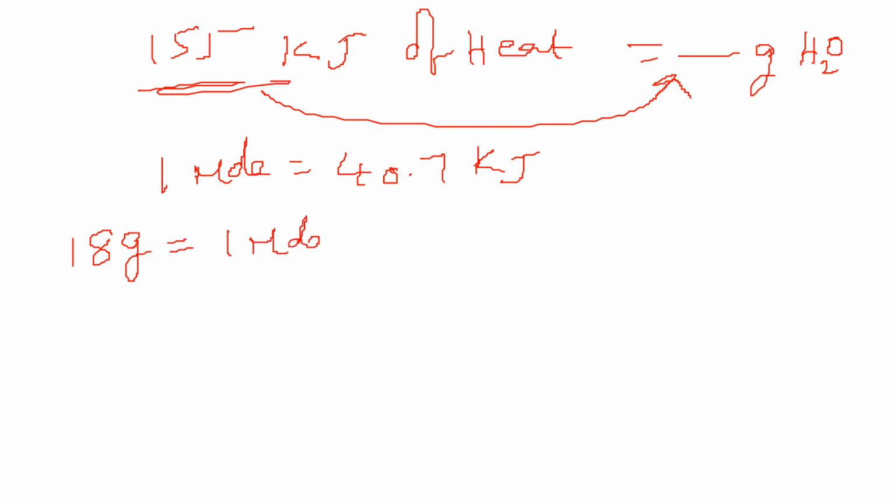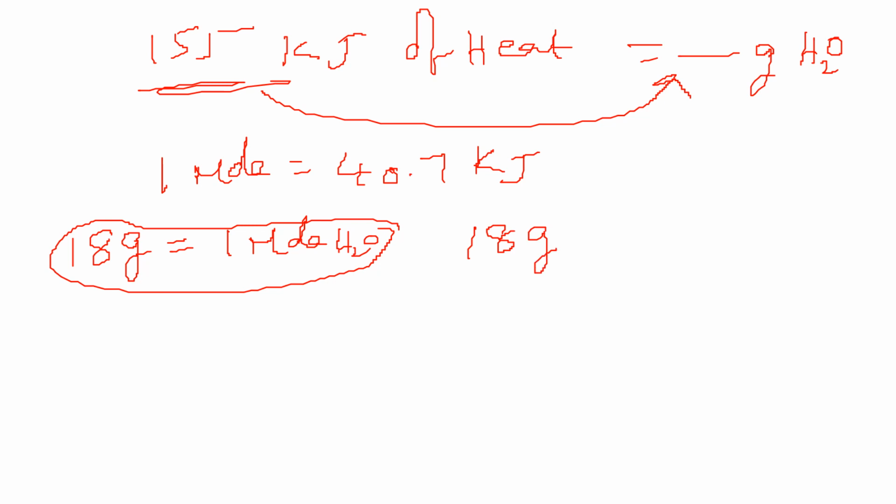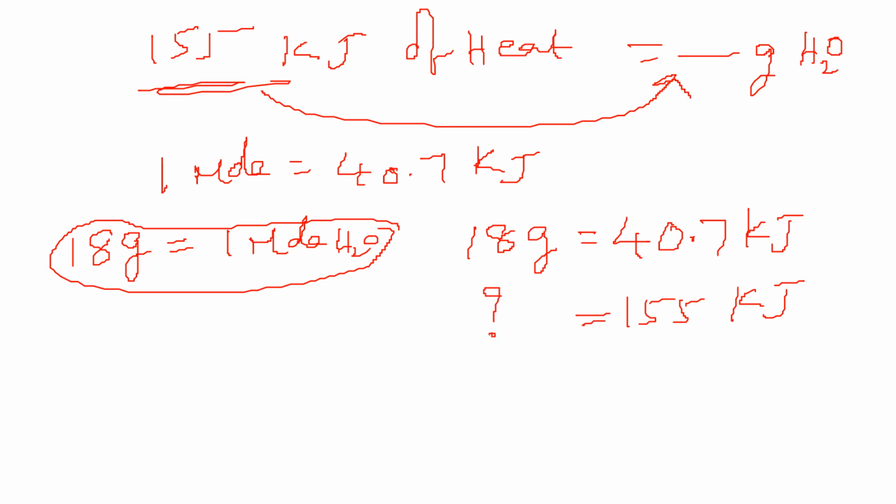You know 1 mole of water is the molecular weight of water. Indirectly, 18 grams of water requires 40.7 kilojoules of energy. So here 155 kilojoules of energy, heat of vaporization. This much energy is present, so how much water will be evaporated?